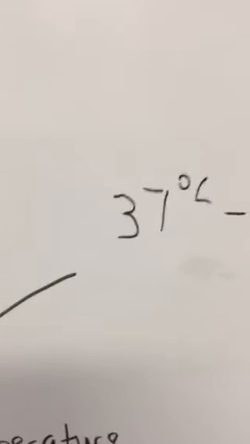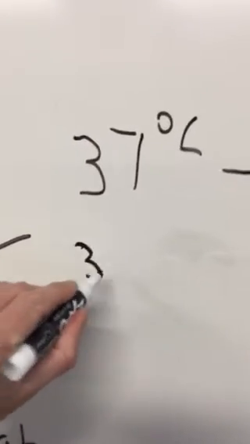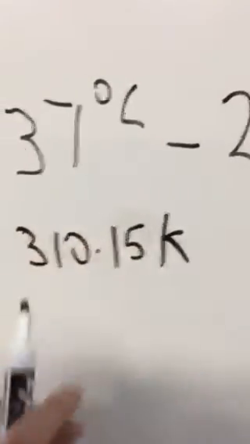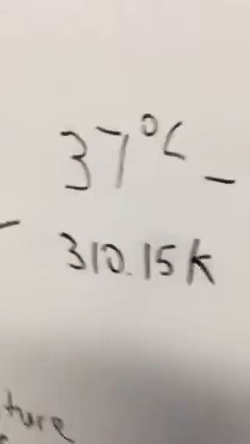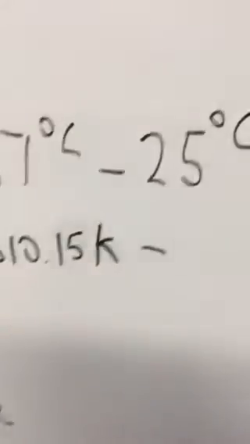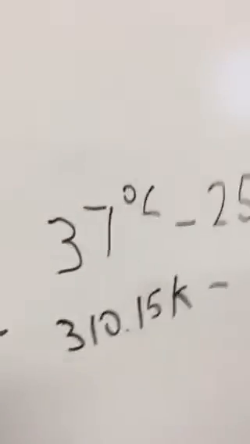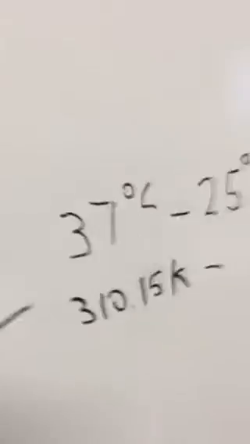So let's take a look at this. 37 degrees Celsius is 310.15 Kelvin. So this is the same thing as saying 310.15 K minus, and then 25 degrees Celsius is the same thing as 298.15 Kelvin.